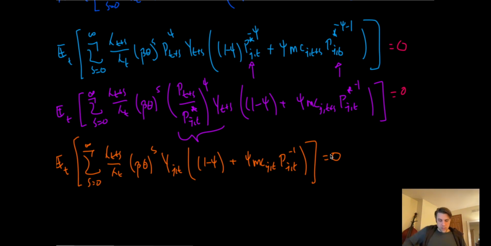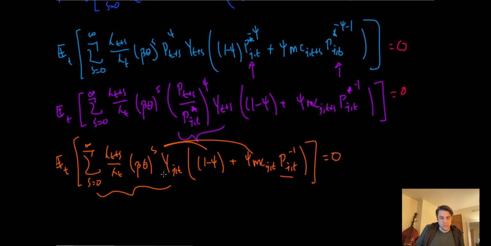We can split this sum into 2 sums. So what we really want to do is get pjt isolated. We want one expression for pjt, and we're almost there. It's just that we need to split this into 2 infinite sums. So we're going to take this chunk here, and we're going to multiply it through here and here.